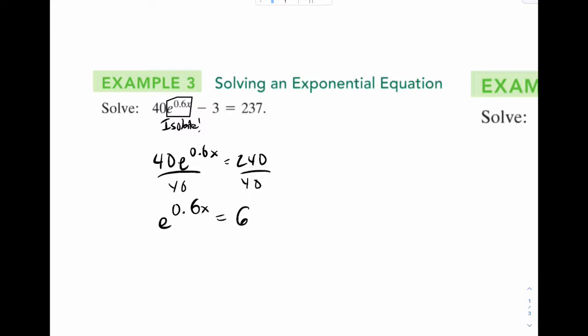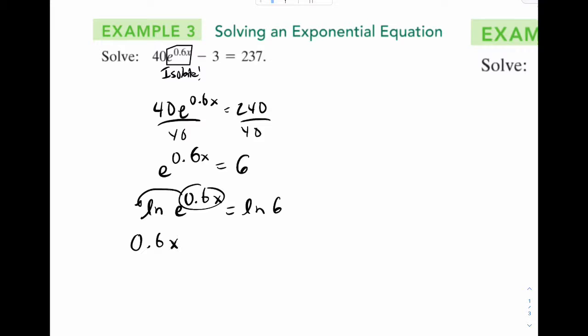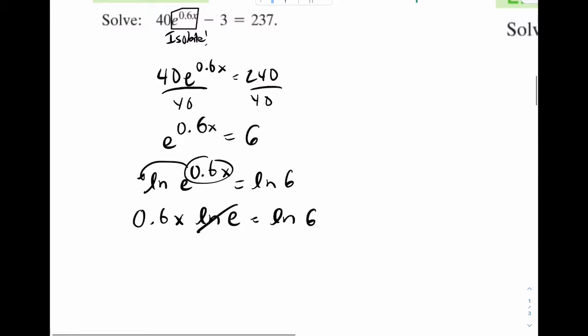And now I'm in the exact same situation. I can natural log both sides. Now I can move this thing over. Except we should know what ln e is. Ln e is 1. If you forgot that, just write that down.